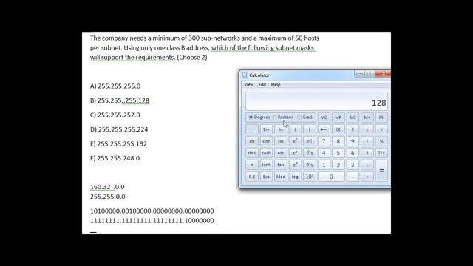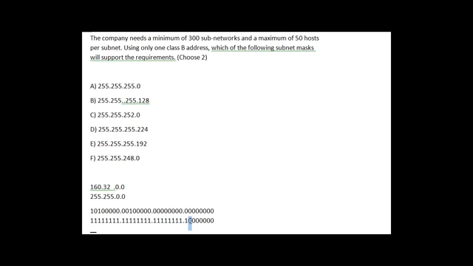This is the 128 bit, this would be the 64 bit. So this would be 128 hosts per subnet, this would be 64 hosts per subnet, and this would be 32 hosts per subnet.